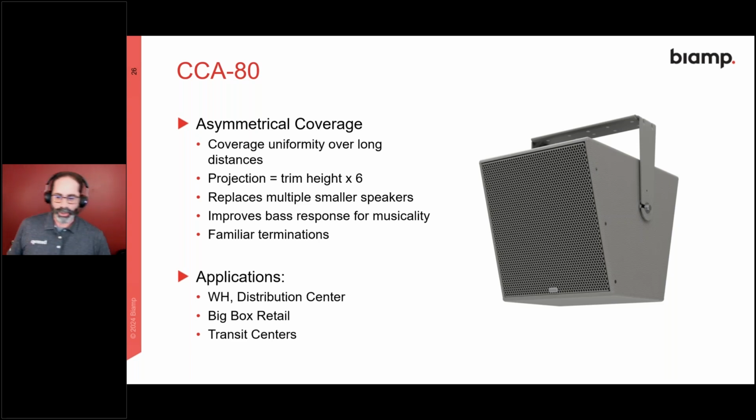But just to prove that even a guy like me who's a little out of shape can hoist this up and work with it, here's a CCA-80. There we go. So just a little look at the front, which is just like the picture you're already seeing. It's got that little slot in the side of the bracket. It's helpful for getting it mounted.